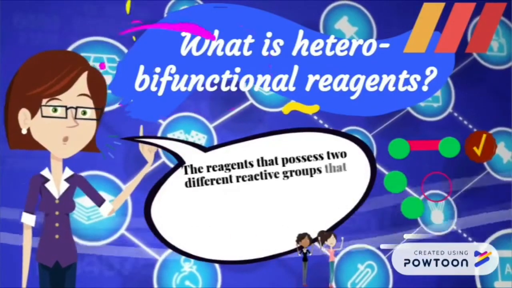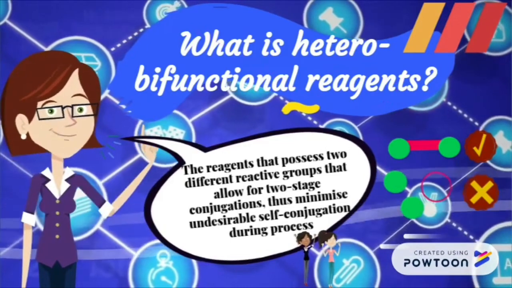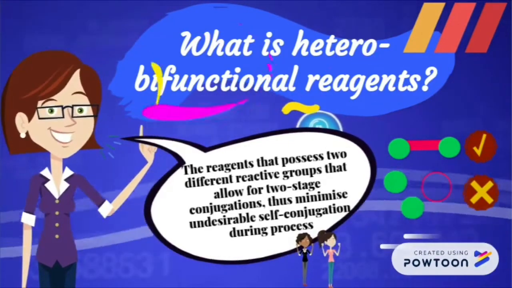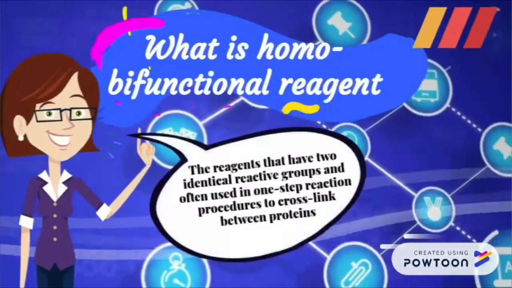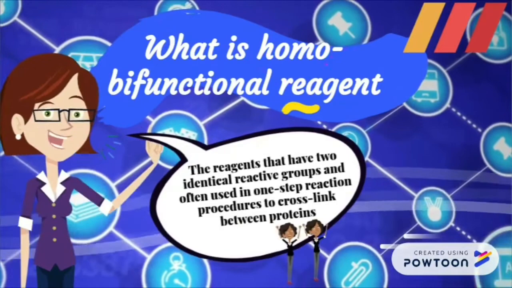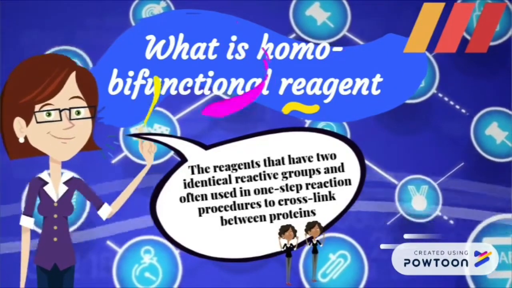Hetero-bifunctional reagents possess two different reactive groups that allow for two-stage conjugations, thus minimizing undesirable self-conjugation during the process. Homobifunctional reagents have two identical reactive groups and are often used in one-step reaction procedures to cross-link between proteins.